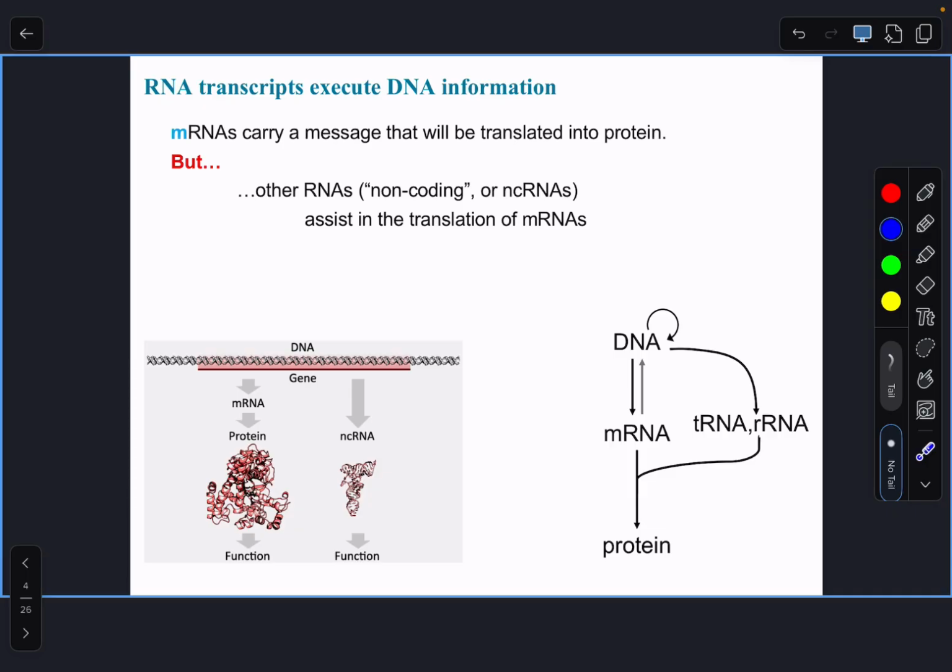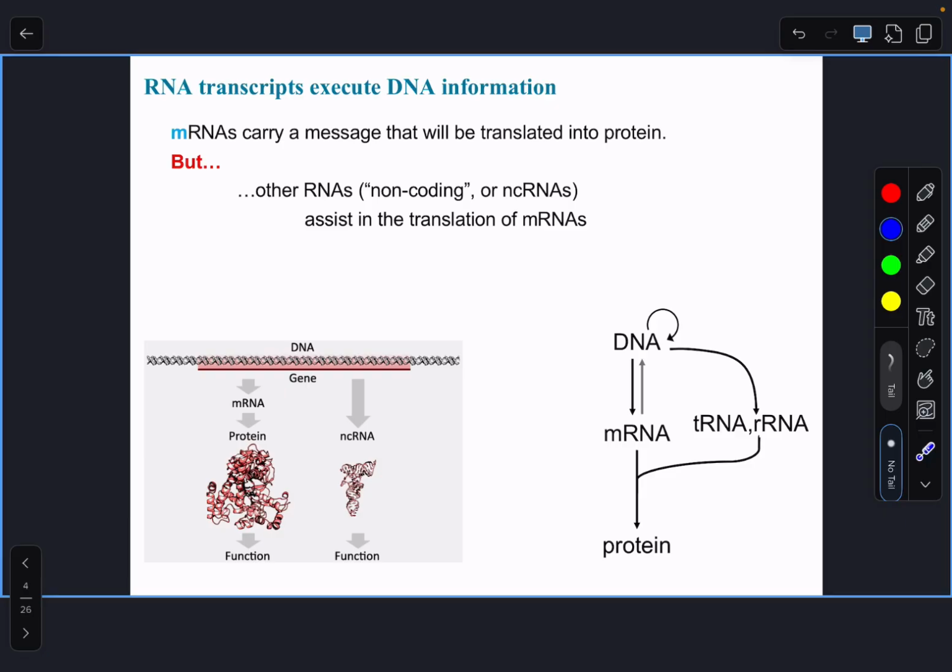That is true. These RNAs do not code for a sequence of amino acids that you'll find in a protein. They just carry information in the way of a series of nucleotides stitched together in a given sequence. They carry information that is expressed, manifested in other ways.